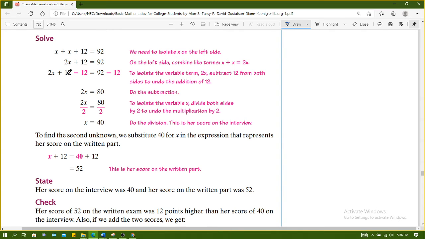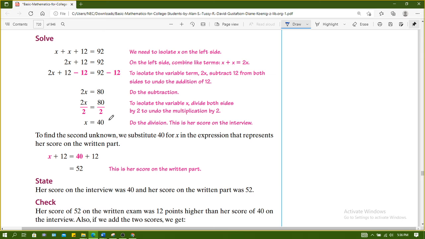So 2x plus 12, you need to remove 12 from both sides to retain the variable on the left side. Do the subtraction to get 80. Then division property of equality, you get x equals 40. Now to check, you state your to find the second unknown, kanina imuhang gamiton ang x plus 12. So x plus 12 is equal to 40 plus 12, 52.